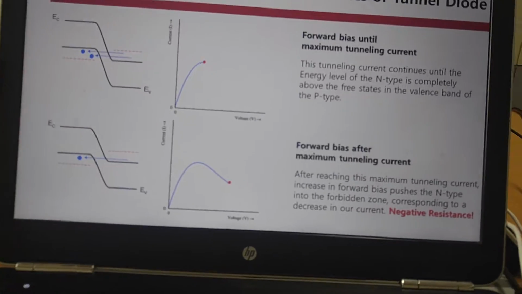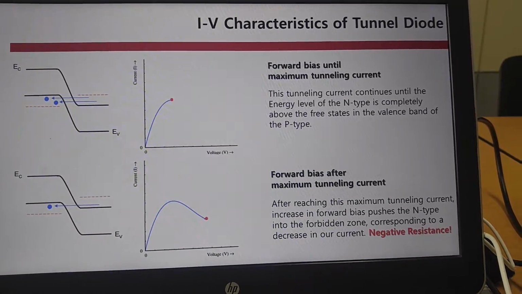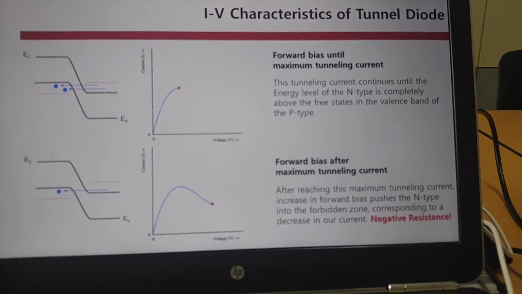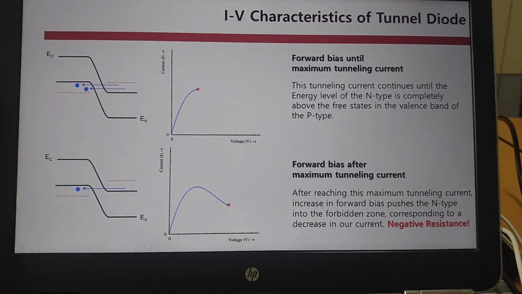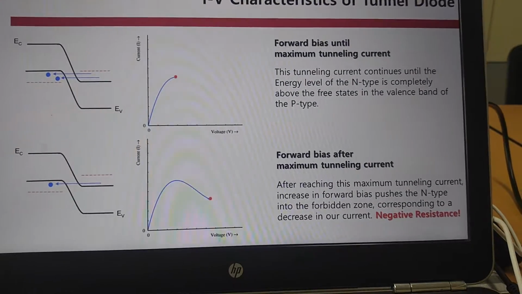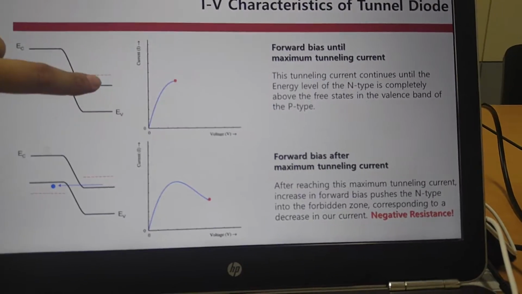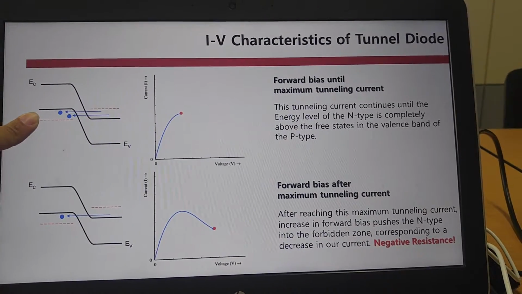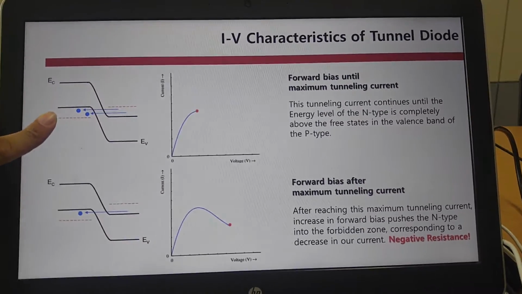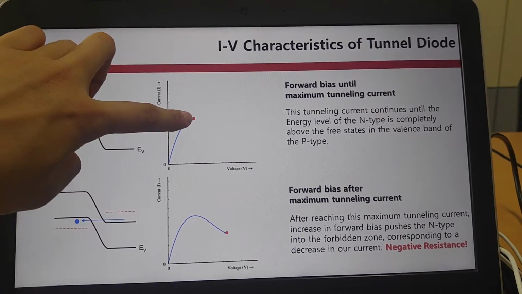If forward bias is given, until maximum tunneling current, electrons in the n-side conduction band will tunnel through the p-n junction barrier until the current reaches the peak point here.